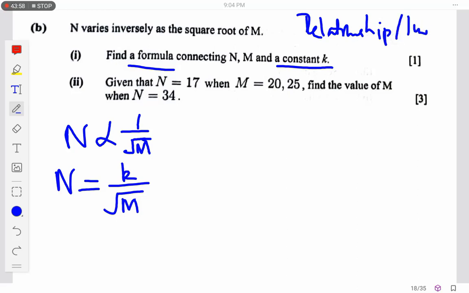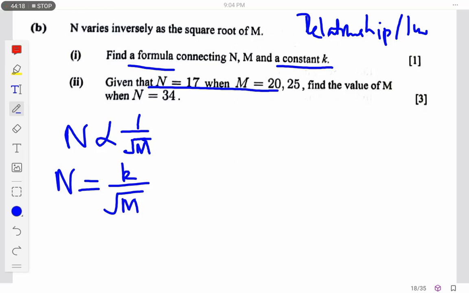All these mean the same thing, so you must be flexible. Now on part 2, they are giving us that n is equal to that and m is equal to that. These two values are going to help us find the value of the constant. Then we can have a proper relationship.